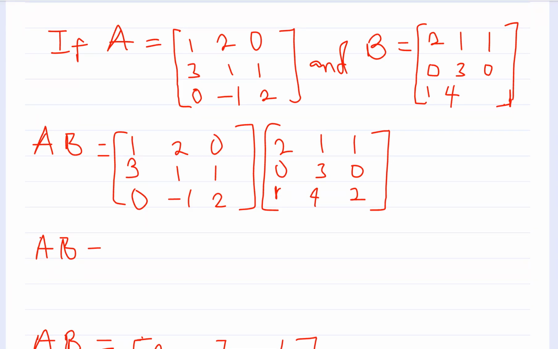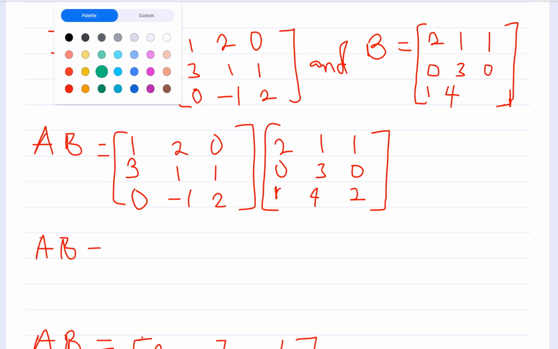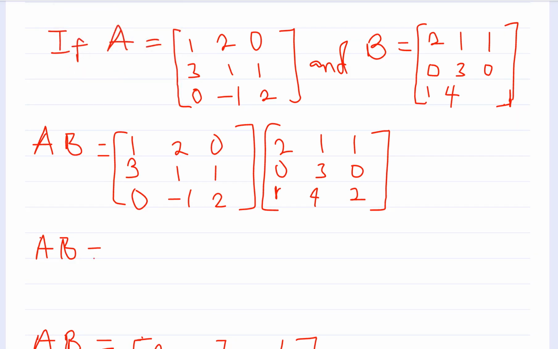So this is gonna give us, let's use the red. So this will give us 1 times 2, that's 2, plus 2 multiplied by 0, that's plus 0, plus 0 multiplied by 1, so that's plus 0.